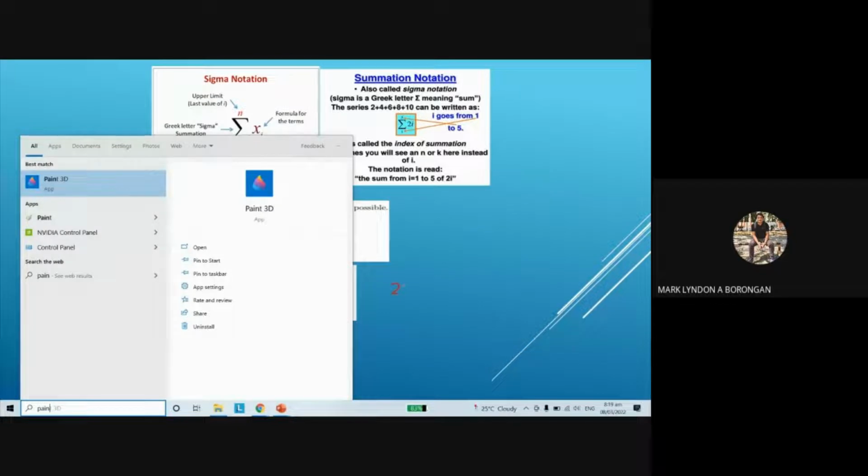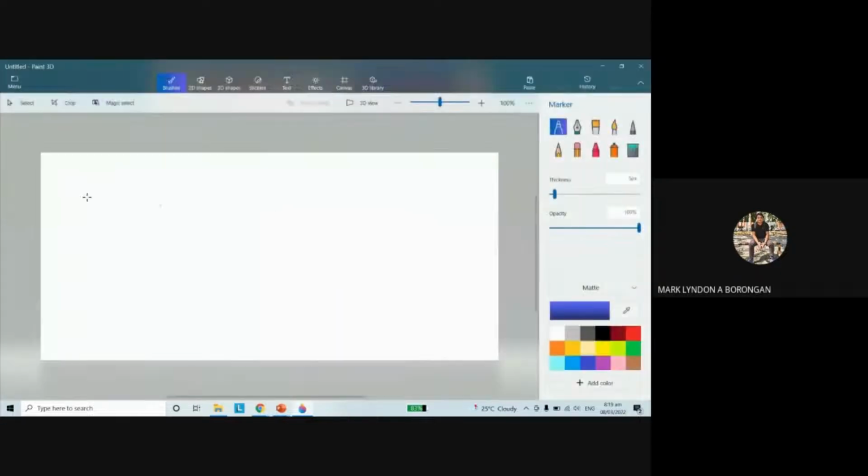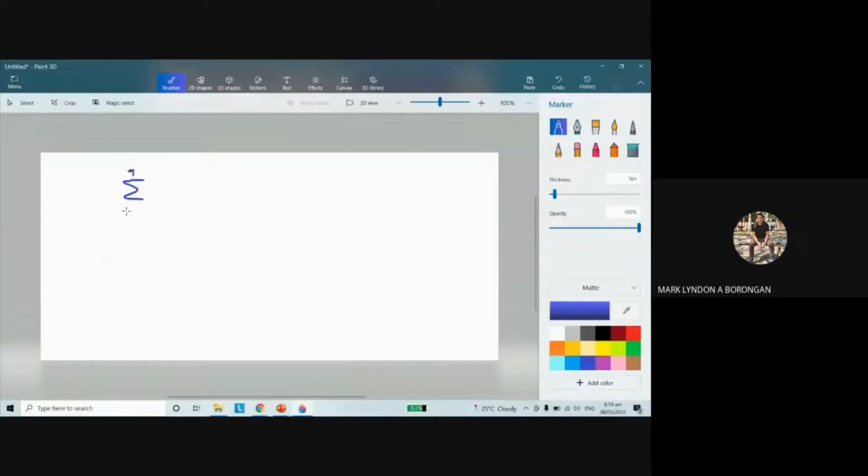So, ato ra i-copy paste ang 2i plus 3 tanan. Wait lang, mag-paint ko ha. So, na kay sigma 4 I is equal to 2 and 2i plus 3.